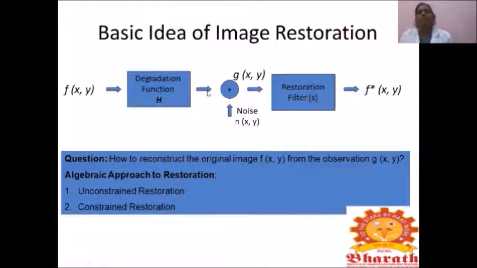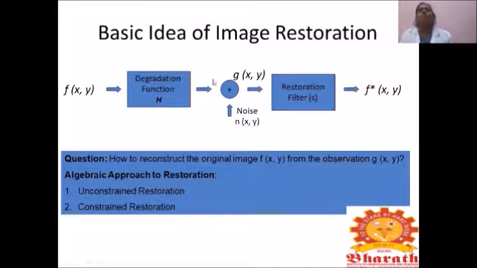Due to any camera lens or transmission line problem, the image will be degraded. So we cannot get the same as the original image. Our main goal of image restoration is to reduce the difference between the output image as well as the original image.